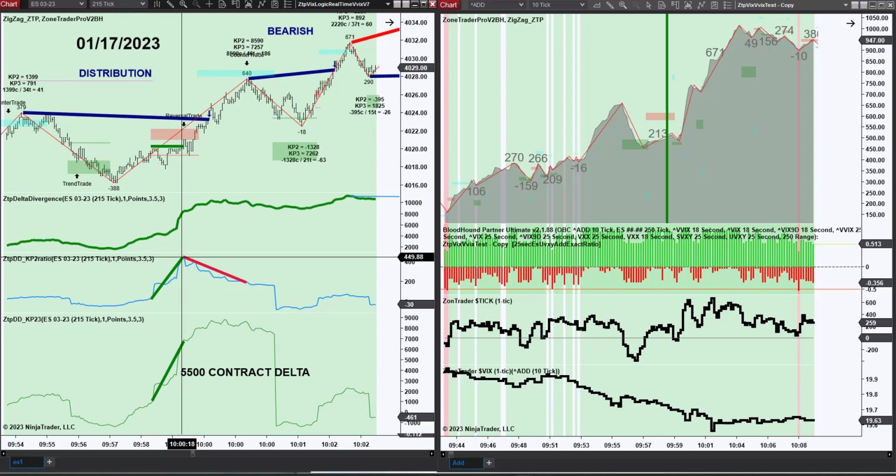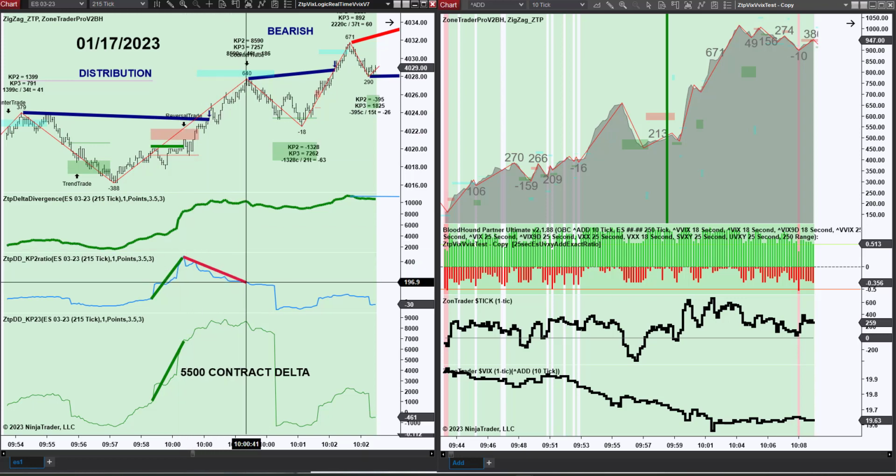You'd want to see the resistance. However, if you were in a short trade and you saw this indicator declining like it is here, you would understand that sellers are pulling their limit orders because they believe the market is going to go much higher.